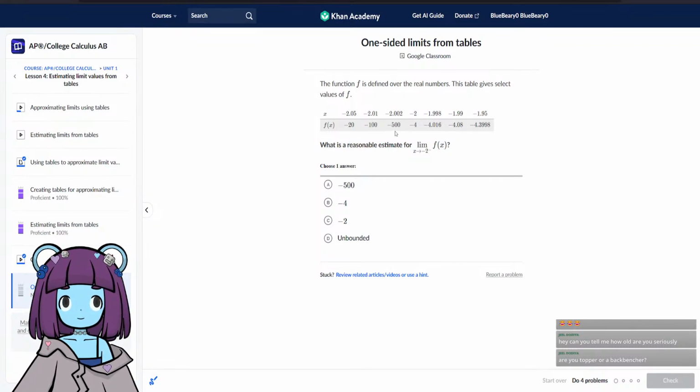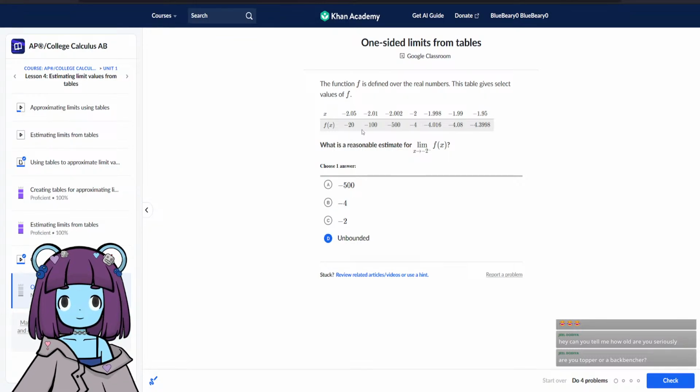Let's see. As -2 approaches from the left side. Oh wait, this is the one we just did. It's unbounded because it increases a lot.